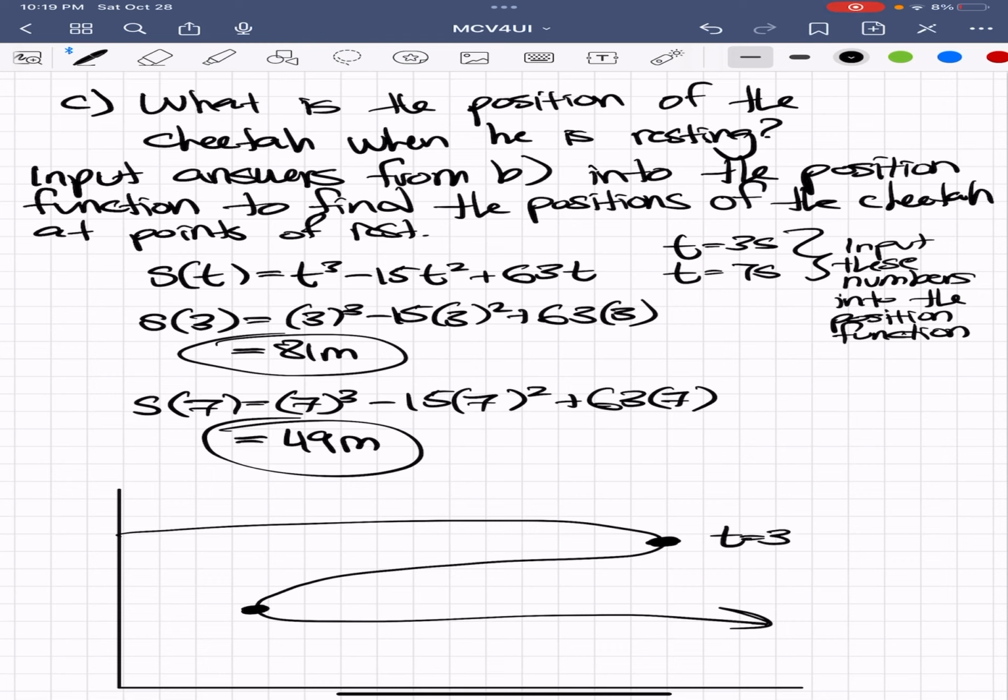T equals 3, T equals 7. And you can add seconds on there, but you don't have to. And then we have this distance at T equals 3 seconds, and then we have that distance at T equals 7 seconds. So this one is 81 meters, and this one is 49 meters.